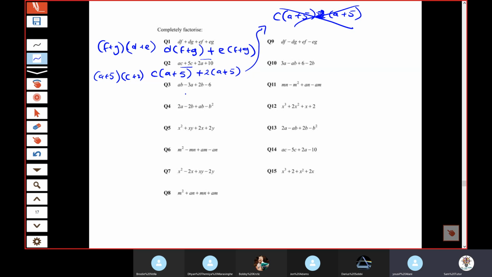Jono, can we do question 3? A, A bracket B minus 3, plus 2 bracket B minus 3. They need to be the same. You put grouping in pairs, and then what's your answer?